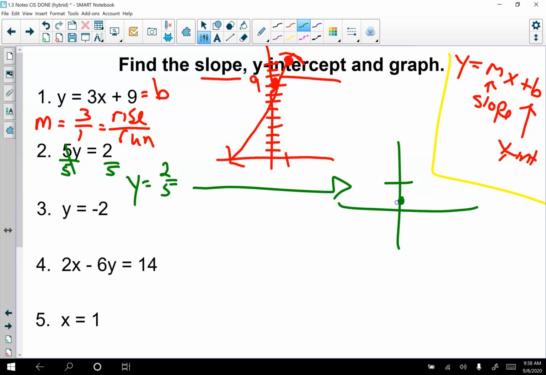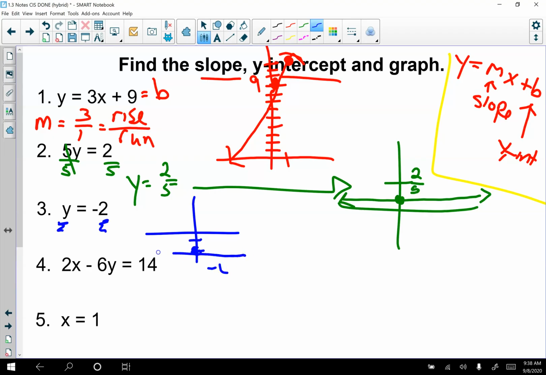So here's my 2/5. And I'm going to cross the y-axis, so this is going to be horizontal at 2/5. This number 3 is going to cross the y-axis at -2. And there's my point for that one, for my line.